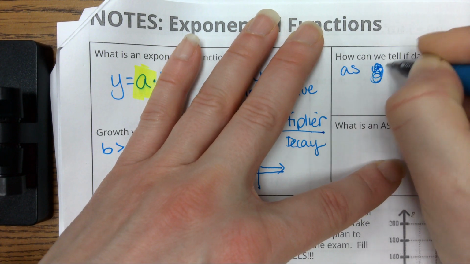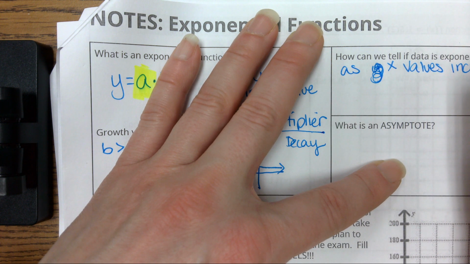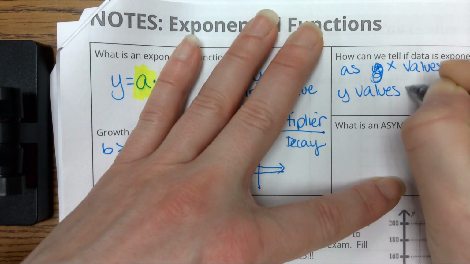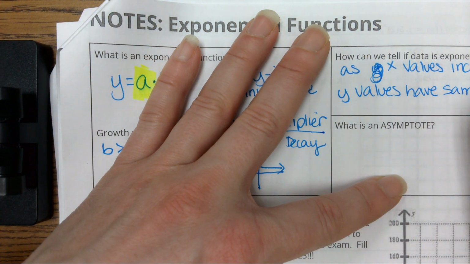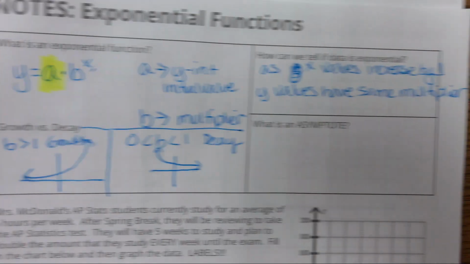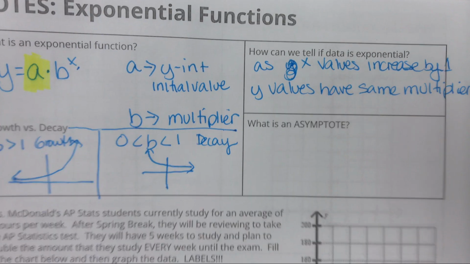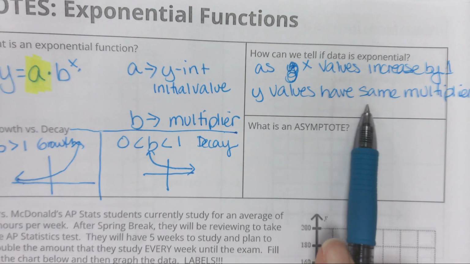As x values increase by 1, the y values have the same multiplier.